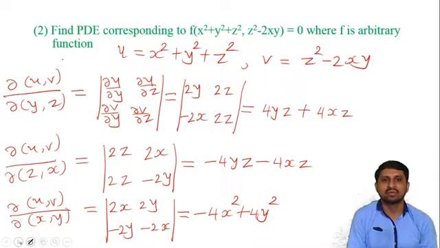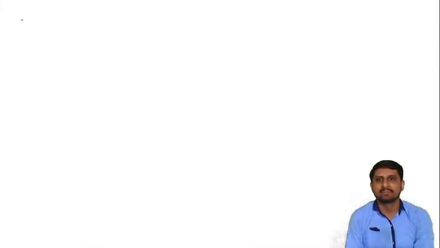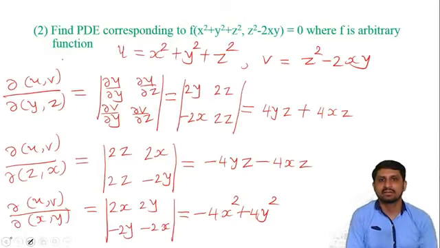First I am writing P into 4yz plus 4xz. Is this correct? Let me check. 4xz, correct. Plus q into minus 4yz minus 4xz.